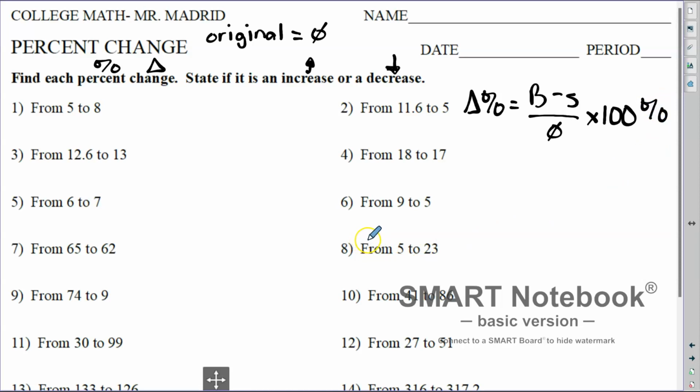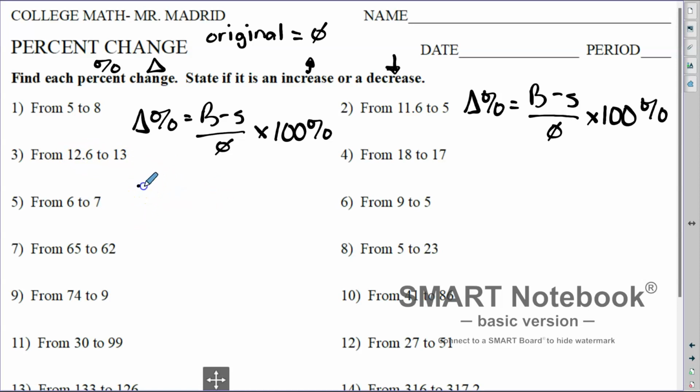So, let's go ahead and do number 3, which looks a little scary. And the first thing I want you guys to do is write the formula. Percent change is the bigger number minus the smaller number over the original value that's given. Once you have that, you're going to multiply times 100 and then add a percent. This 100 means you move the decimal 2 times and then you put the symbol. So let's do 3. I'm going to do just the 1 to keep the video short.